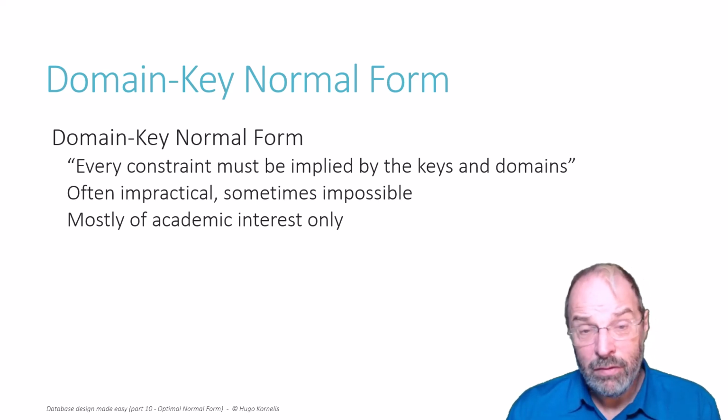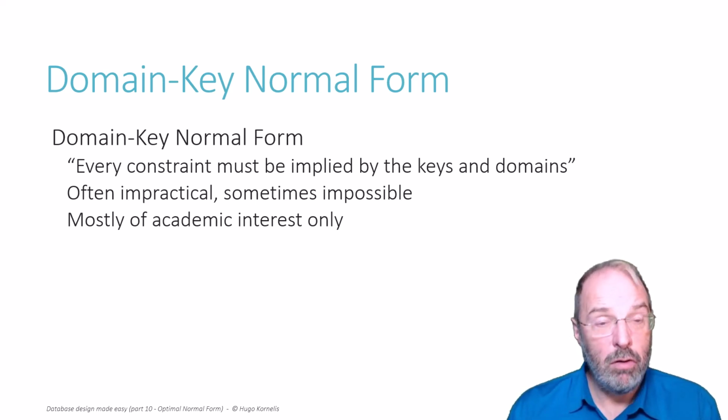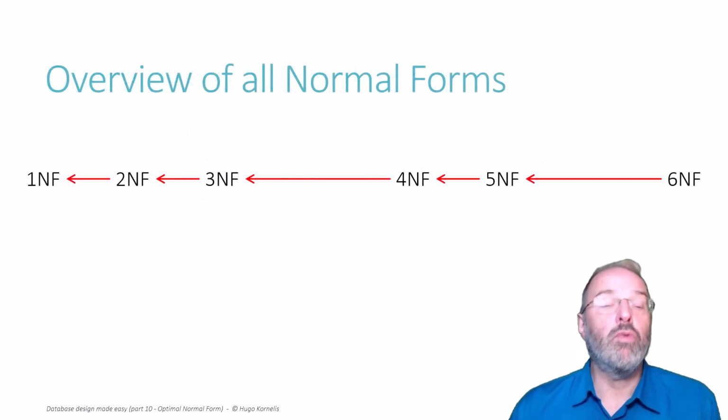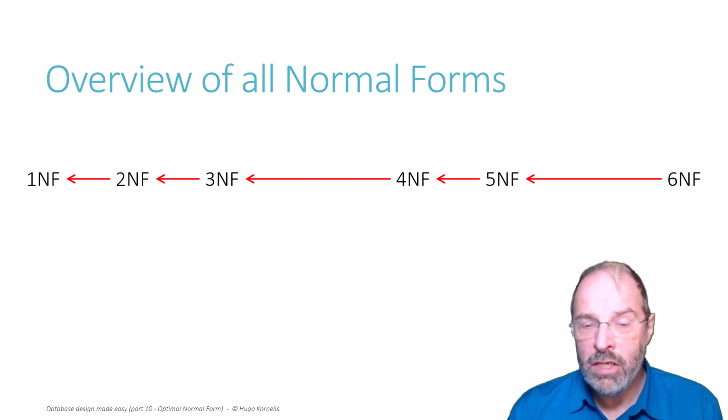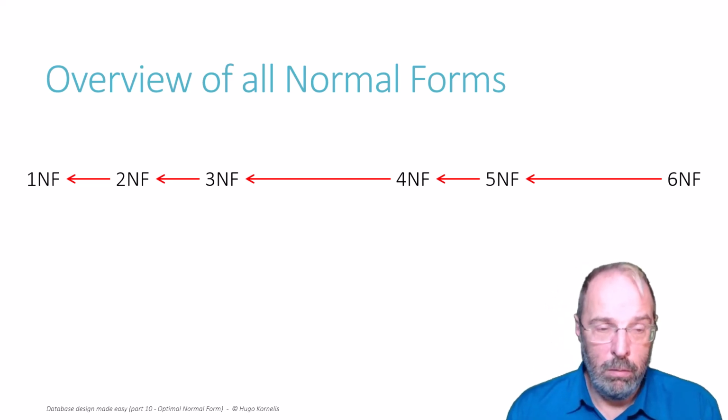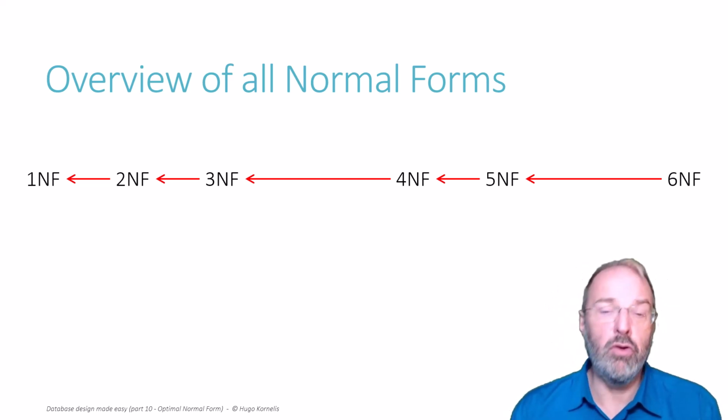So let's end this video and this series with an overview of all the normal forms. The most regular normal forms are listed here with arrows showing how each one builds upon each other. Now, most people agree that third normal form is definitely needed.